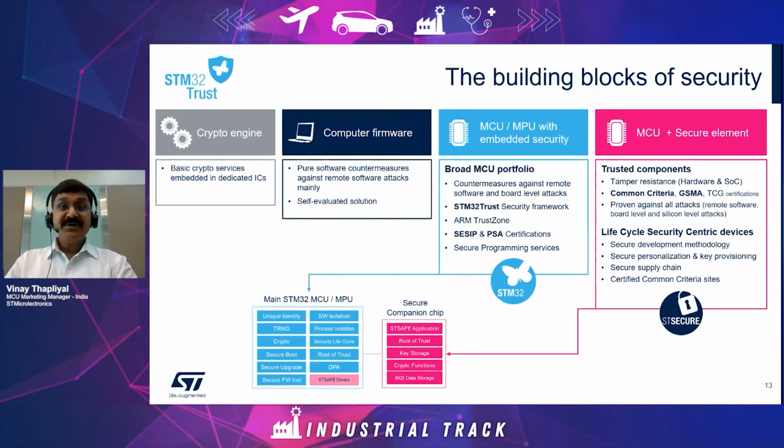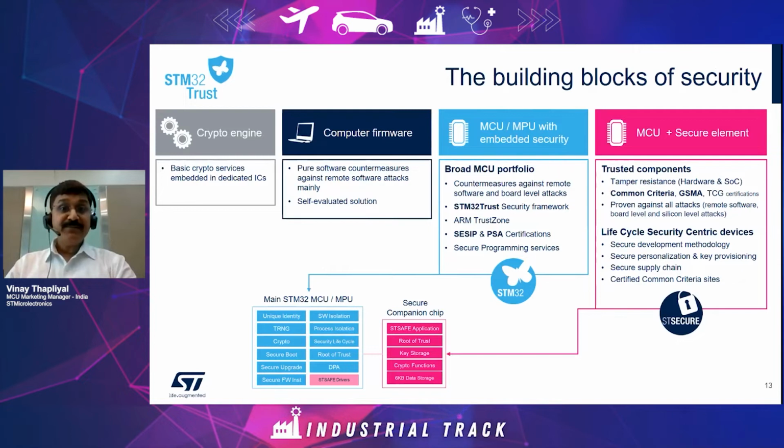So let's see some building blocks of security of an embedded system. From the left side, crypto engine. These are basic crypto services embedded in dedicated chipsets, computer firmware, or pure software, with countermeasures mainly against remote software attacks. These are self-evaluated solutions.